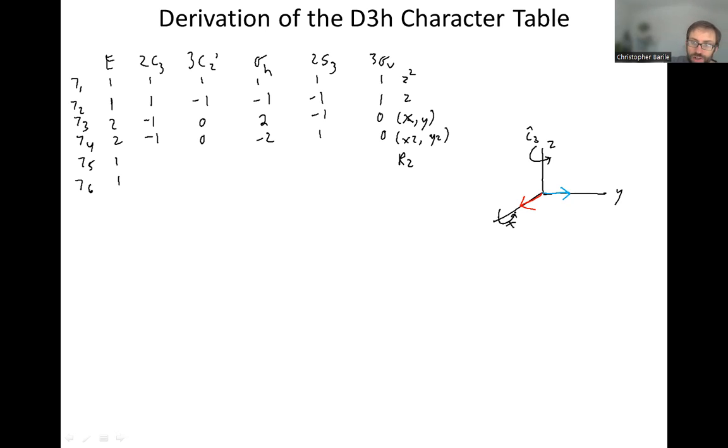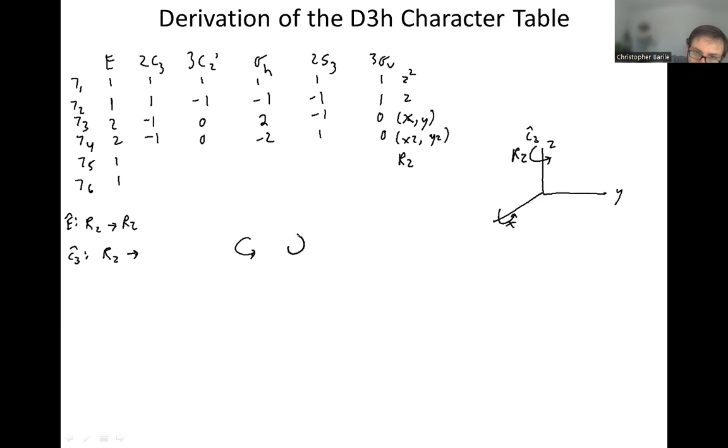So let's think about the RZ. How does an RZ function transform? It's just a rotation vector. It's actually this vector wrapping around the z-axis. So identity, of course, is going to take RZ to RZ. So we have a 1 there. What about a C3? How does RZ transform? Well, we have this vector, and now we rotate it around the z by 120 degrees. That's what a C3 is.